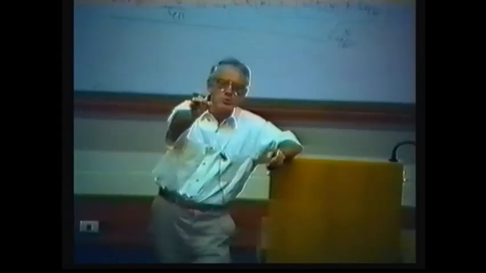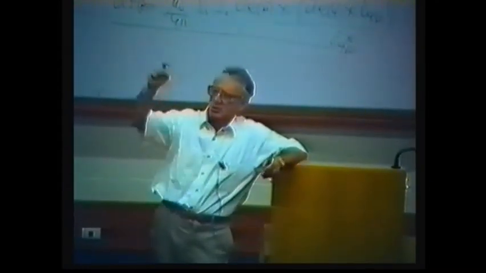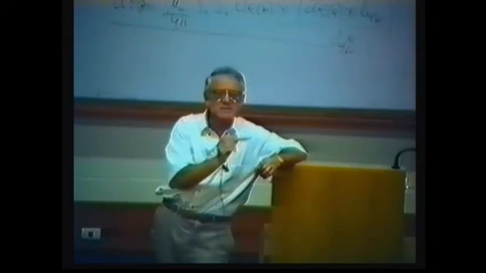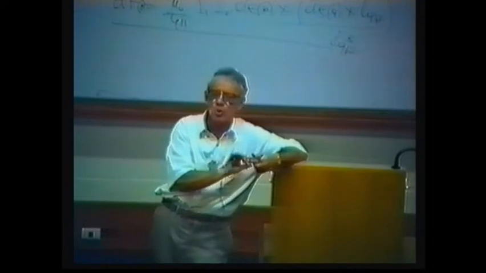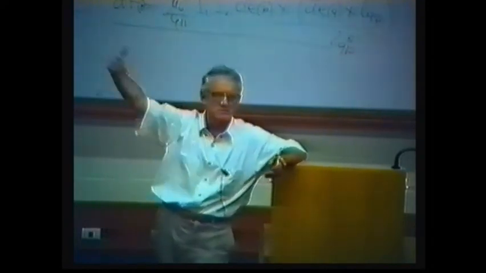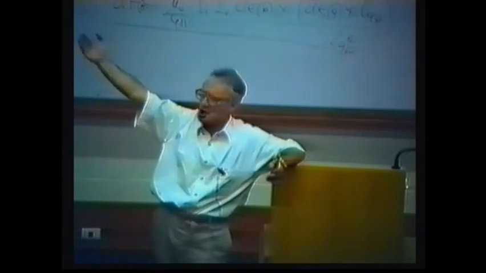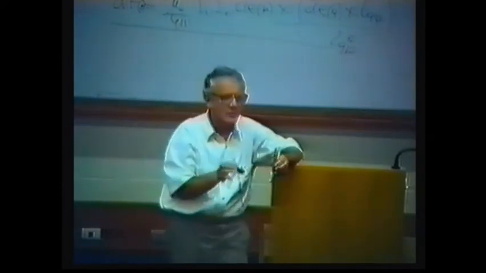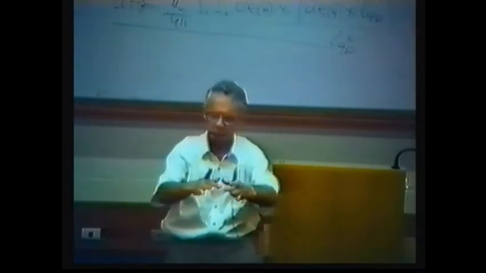I have a current loop. I can calculate magnetic field. Now, if I put this current loop into a magnetic medium, what happens with magnetic field caused by this current? Will it change or not? Again, I have a current loop.